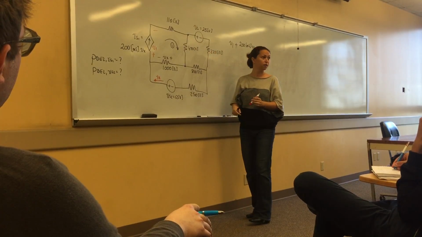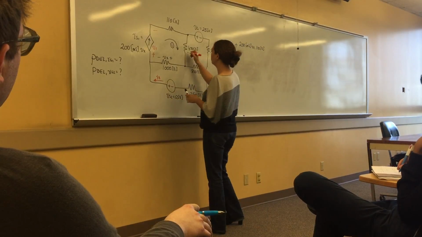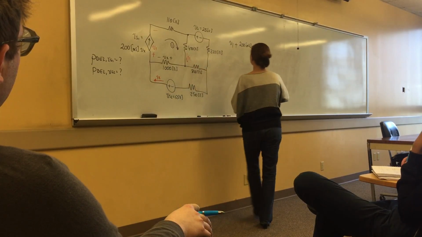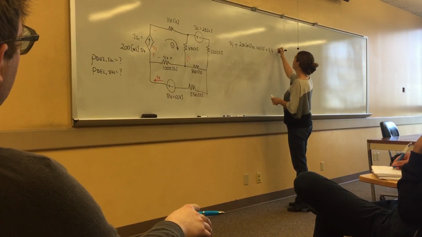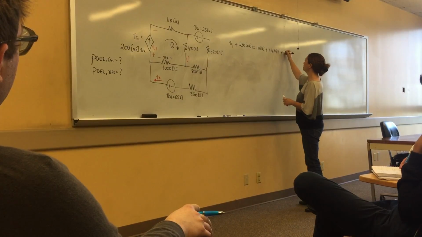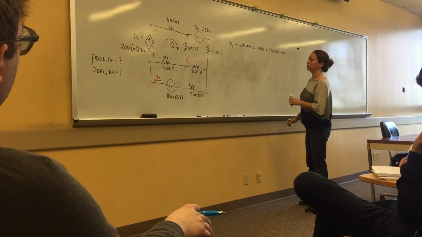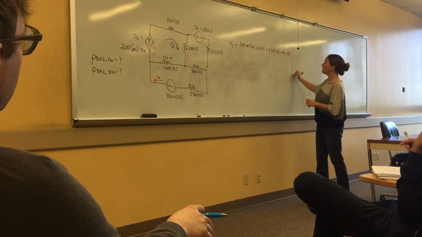Do I know that? The current through 470? No, I don't, so then label it I1. So I have plus I1 times 470, and then plus Vx, probably I'll need to label that current eventually, equals 0, correct?